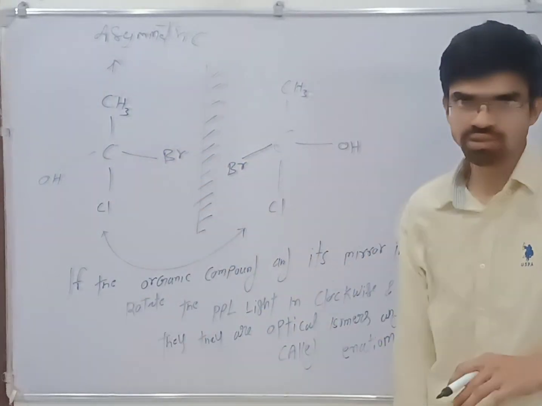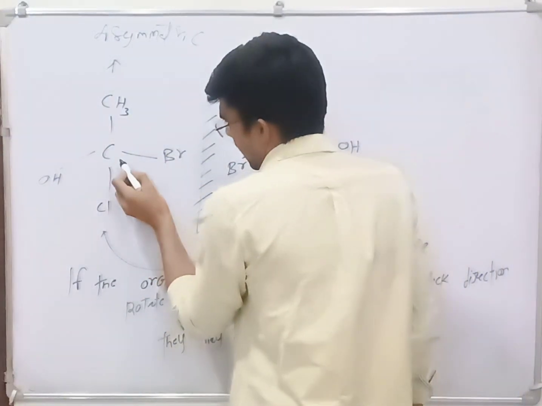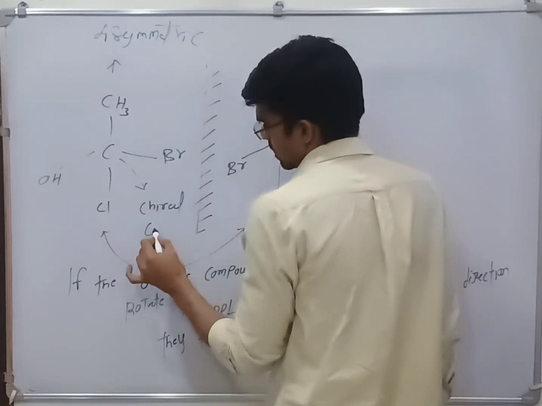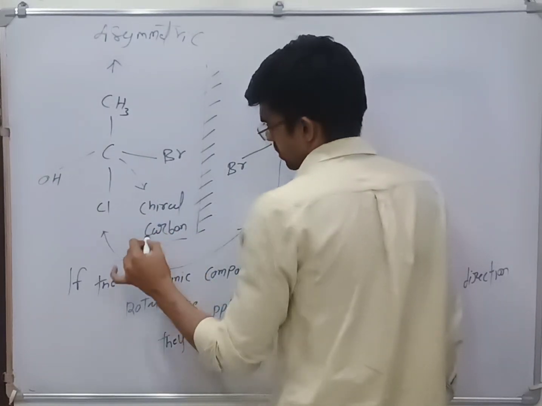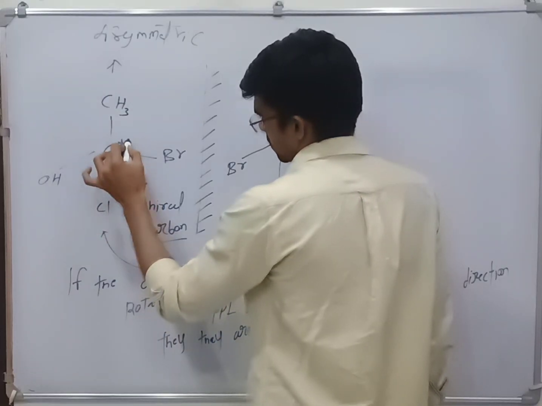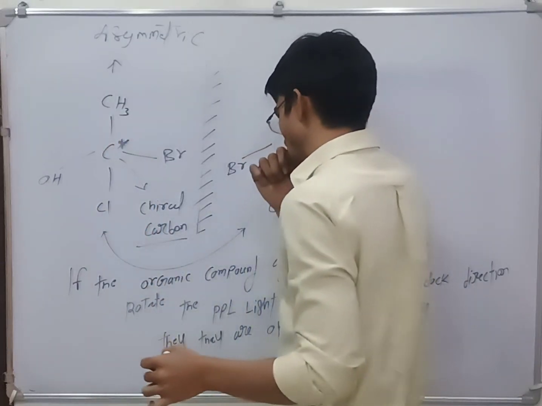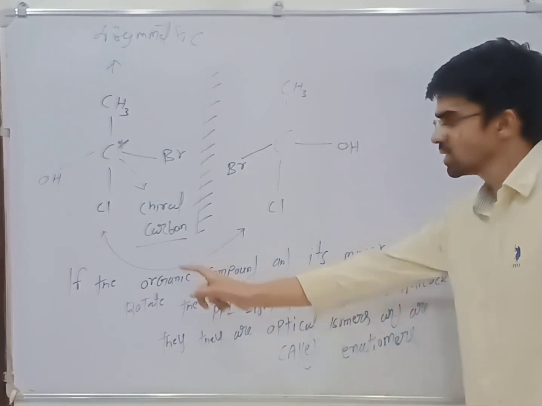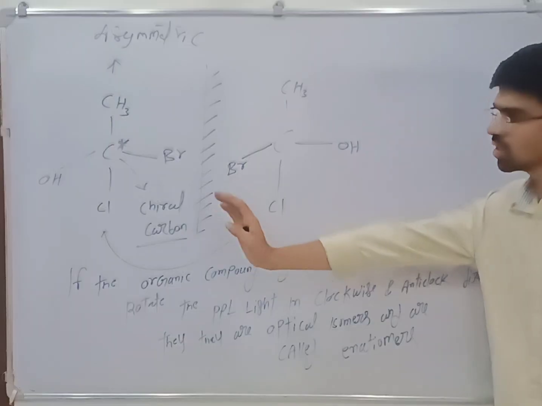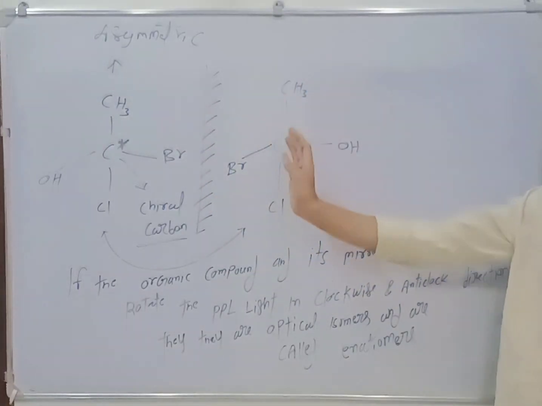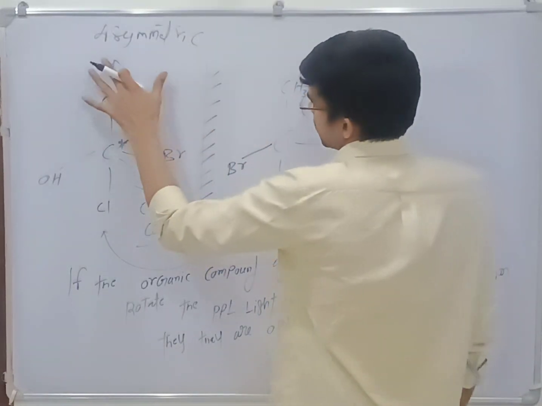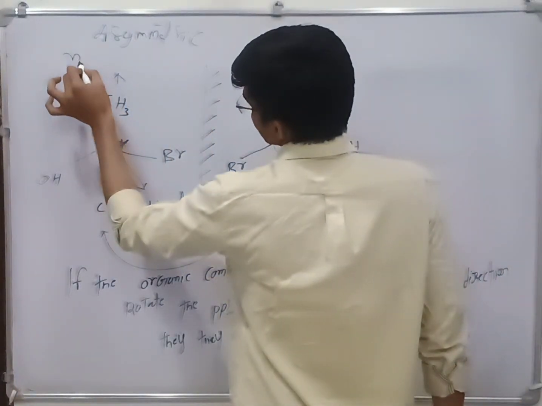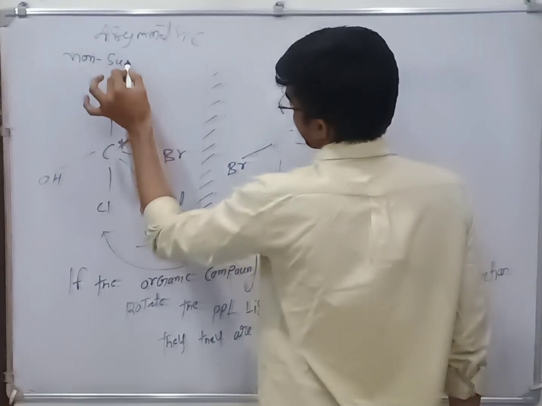When the carbon is attached to four different groups, that carbon is called a chiral carbon. So the mirror image is only possible for asymmetric carbon, that is chiral carbon, and the mirror image of that chiral carbon is non-superimposable.